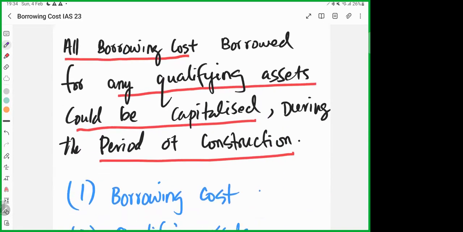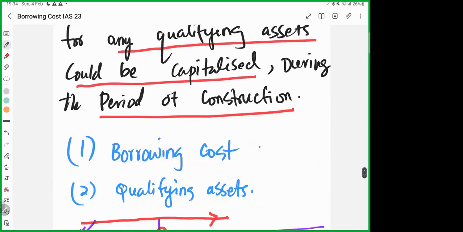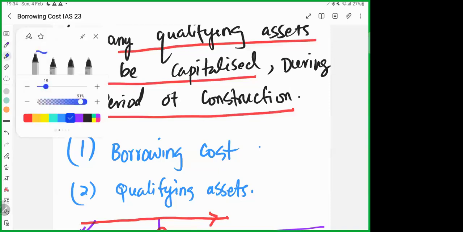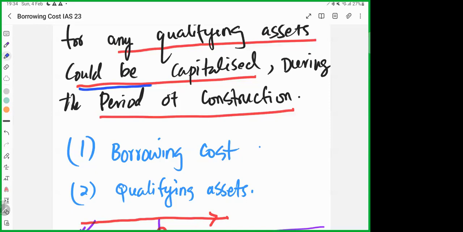Correct. Now, if you do a borrowing for the purpose of having a qualifying asset, then the borrowing cost could be capitalized.